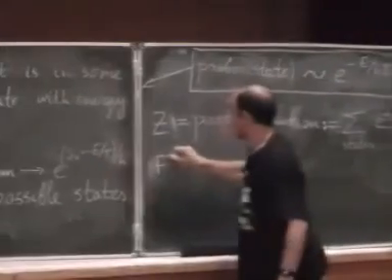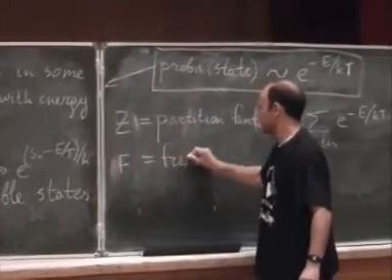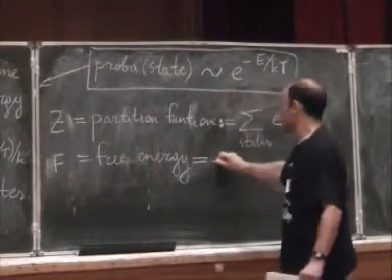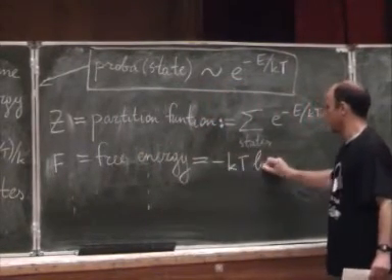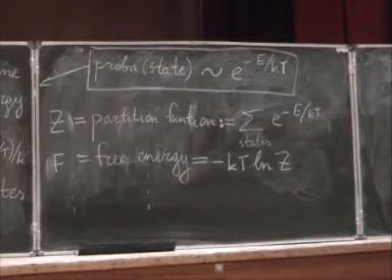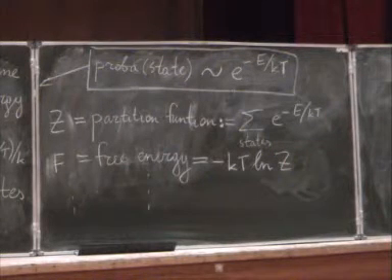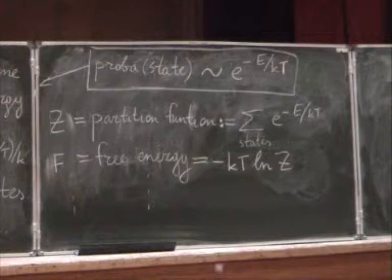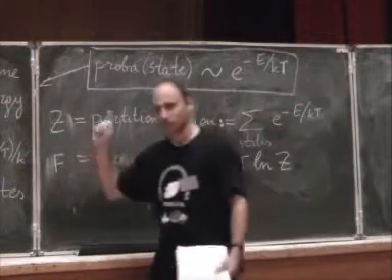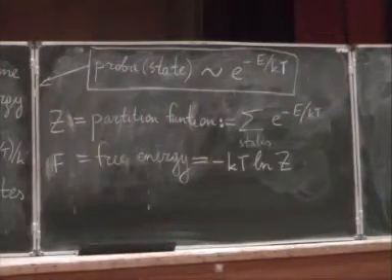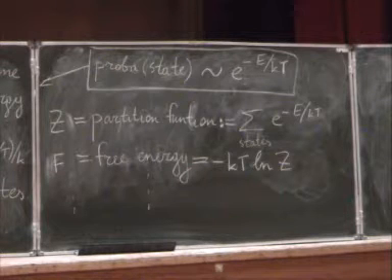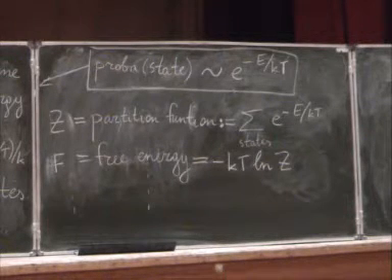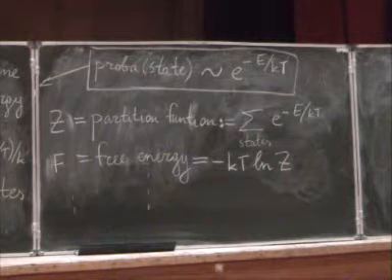And F, this is called the free energy, is equal to minus kT logarithm Z. So this Z now replaces big omega, and F replaces the entropy. They will play the analogous role in this context of a system in contact with a thermostat.